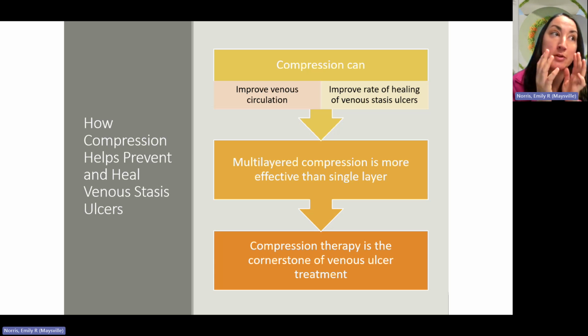So if there's a bunch of people in a room and a door opens, people are going to start leaving the room because they don't want to be packed in. So same thing with the fluid and the nutrients. If there is an area where there is swelling, less nutrients and fluid, blood flow goes to that area because it's already packed. It doesn't really have room. It's already at a higher pressure, and fluid and nutrients like to go to a lower pressure.